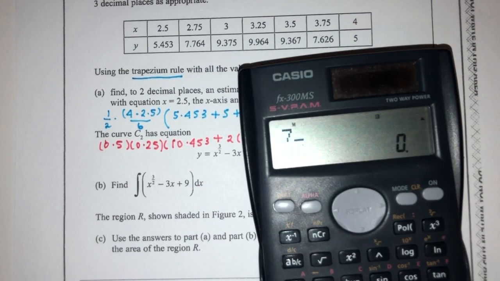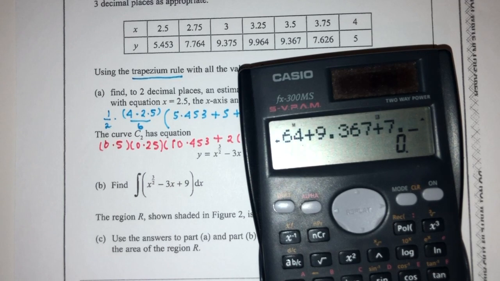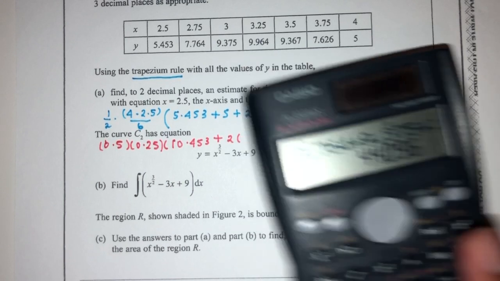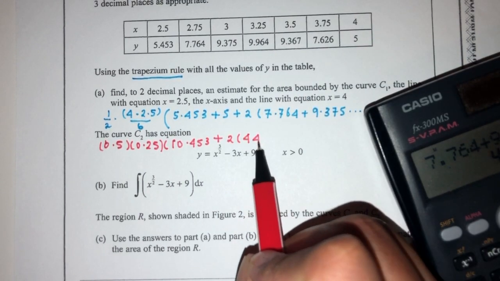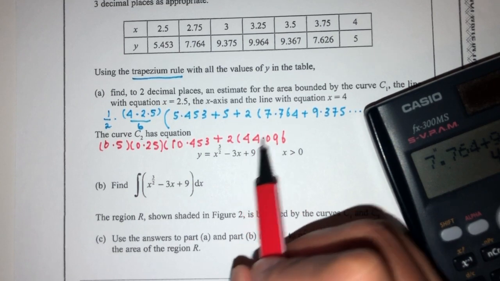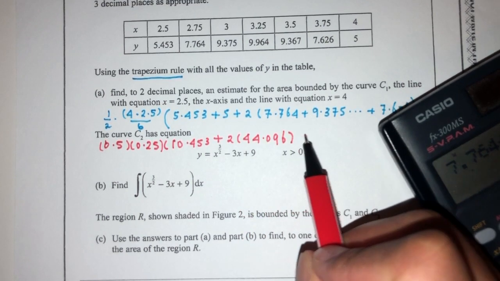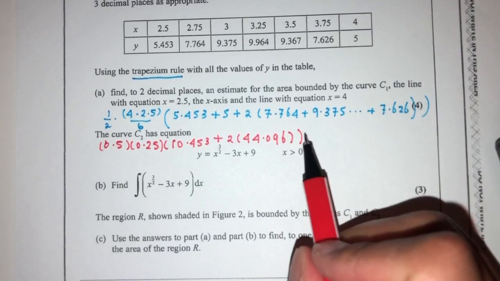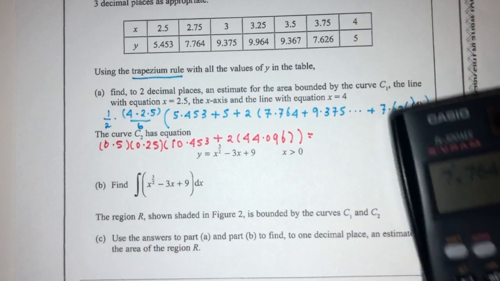That will be 7.764 plus 9.375, 9.964, 9.367, 7.626. That will be 44.096. So this is the value on the inside. So we just have to evaluate that to find the estimate for the area.